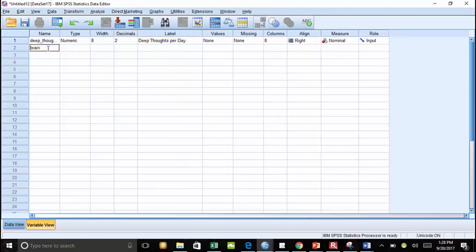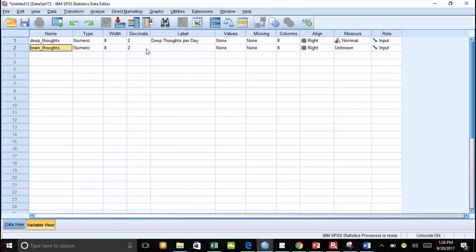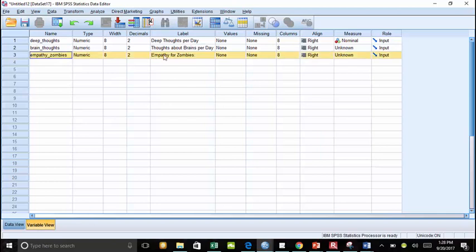The next one is brain thoughts, and this is the number of thoughts about brains that zombies have per day. The next one is empathy, zombies, and this is how many thoughts they have about empathy for zombies per day.